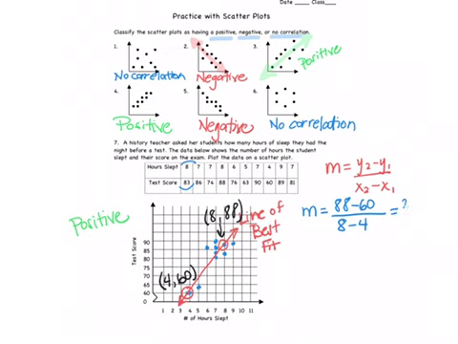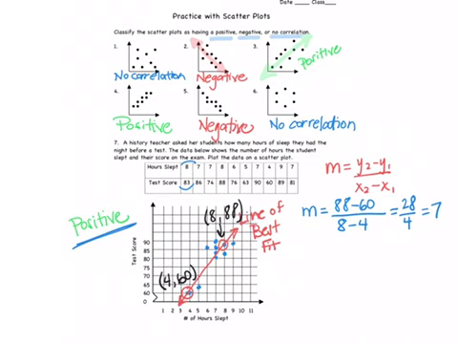So that would become 28 over 4, which is 7. So this line has a slope of positive 7. Your slope is positive because your correlation was positive.